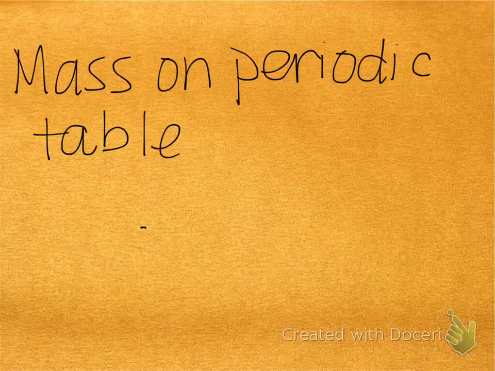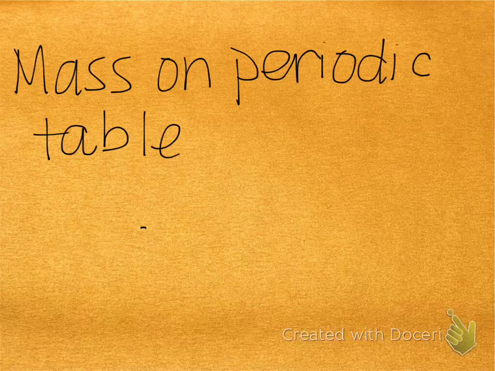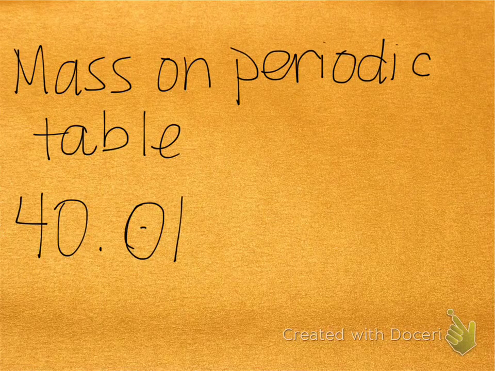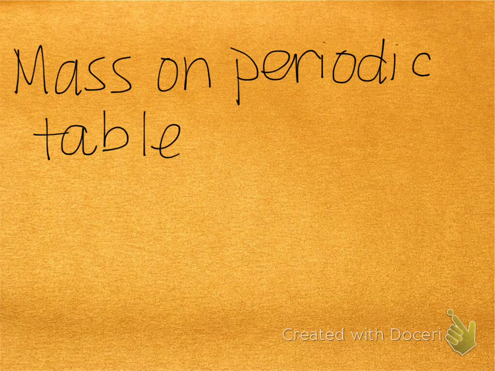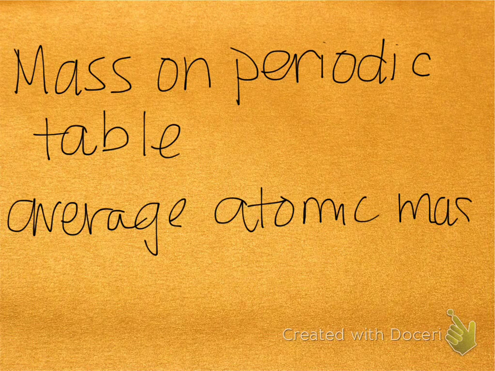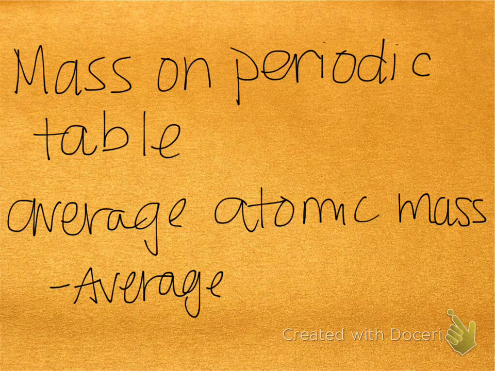Now, if you look at a periodic table, your mass might be something like, for calcium, it's 40.01. So if it's protons plus neutrons, why do we have a decimal? Well, that's because your periodic table shows you the average atomic mass, which there's another lecture on this, but that is just the average of all isotopes.